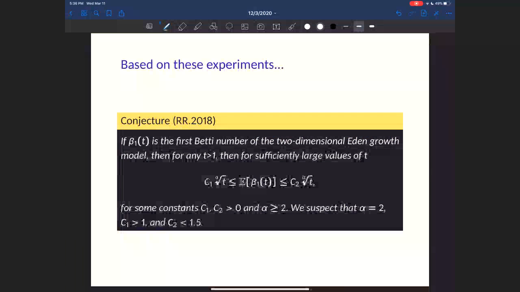Okay. So up to now, there are only experiments. So based on these experiments, in my PhD thesis, I conjectured that the expected number of holes, Betti 1 at time t, is bounded below by a constant times square root of t, and bounded above by a constant times square root of t.